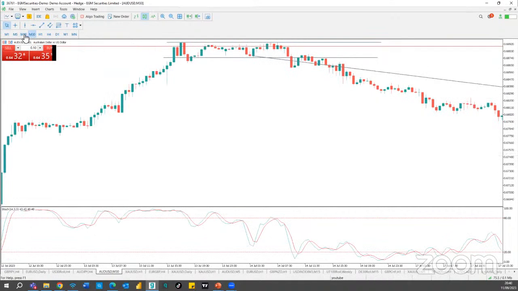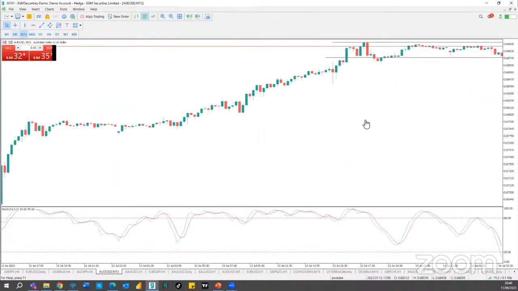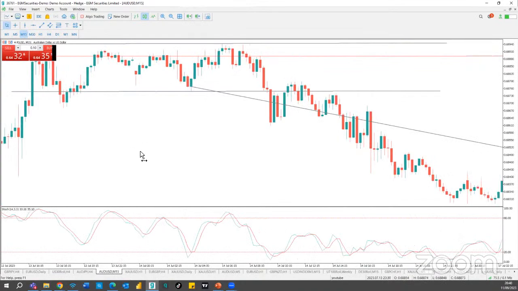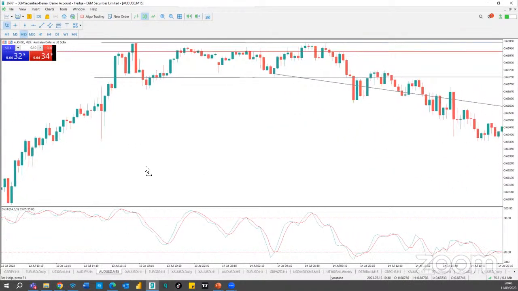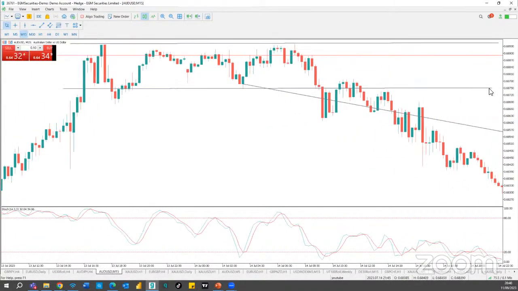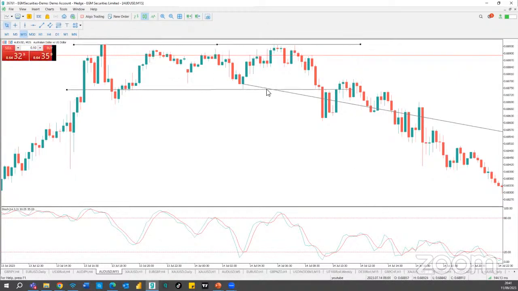Here we are. We can as well move to 15 minutes now. Look at that. You see, 1 touch, 2 touches, and we can even refine this one further. And this is coming from the 4-hour reversal pattern. Here you have 1 touch, 2 touches, price caught up within a range.